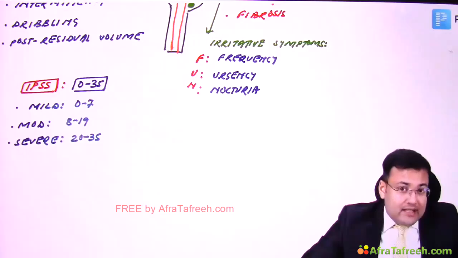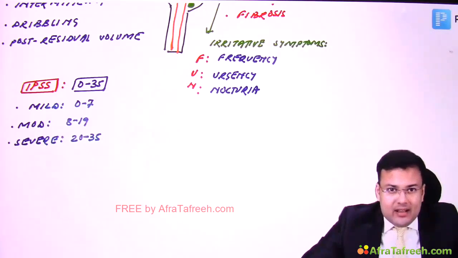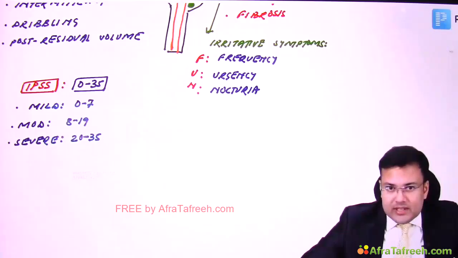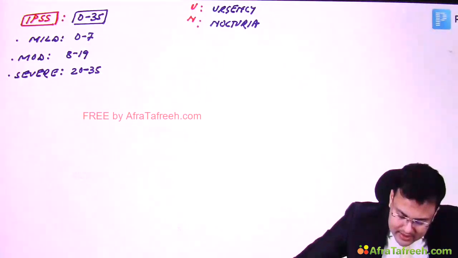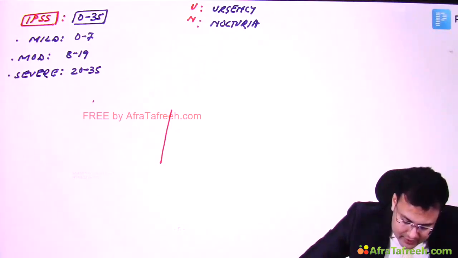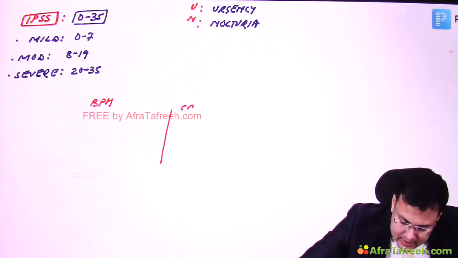And what are the findings in carcinoma prostate? In carcinoma prostate, it is enlarged obviously, but it's hard and there is median sulcus obliteration, right? So in patients we perform digital rectal examination, and what are the findings in BPH and in carcinoma prostate?